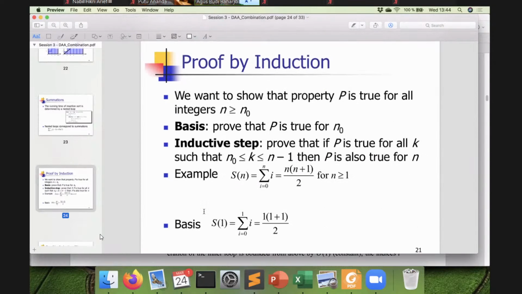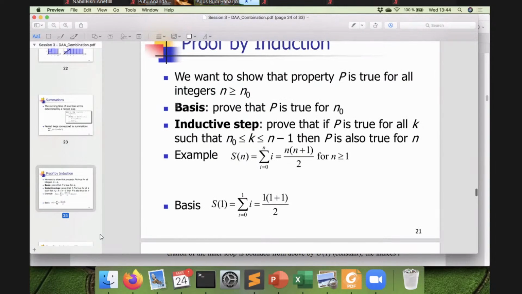And this is how you prove by induction. I don't want to explain this one because you have already studied this comprehensively in discrete mathematics.